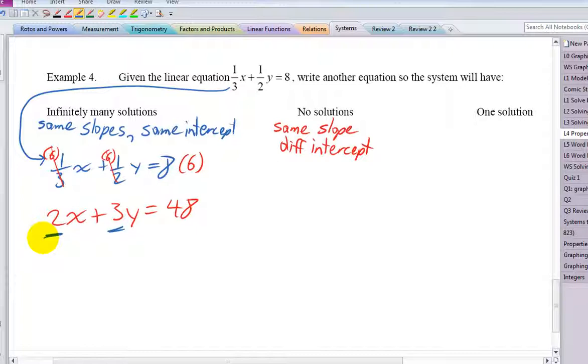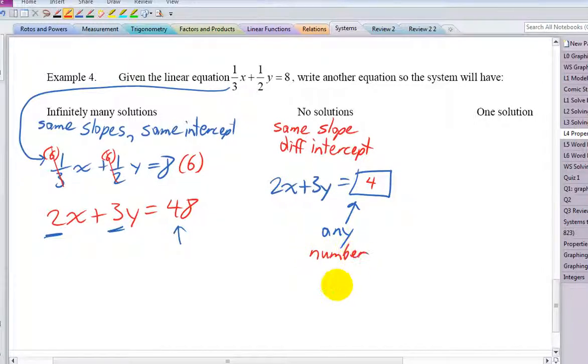What's the only number that can change? 48. So for no solutions, we should have 2x plus 3y, but you can pick any number for that. Pick a number, any number. 4. There you go. So this could be any number you want. Now you could still write it as 1/3 x plus 1/2 y equals 4. That's fine too. You don't have to have this 2x and 3y.